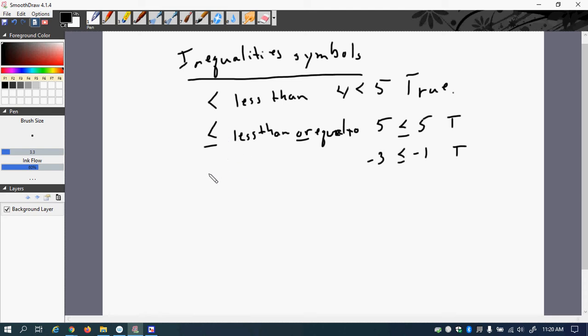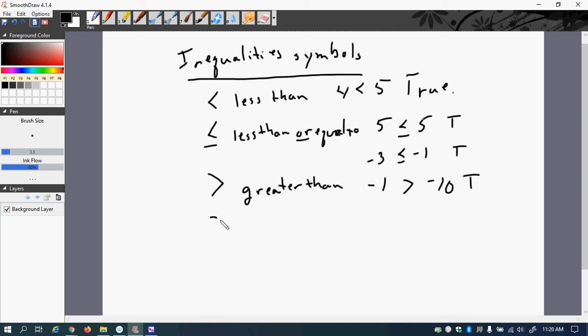Another symbol is going the other direction. This means greater than. And an example could be like negative 1 is greater than negative 10. That's a true statement. Okay?